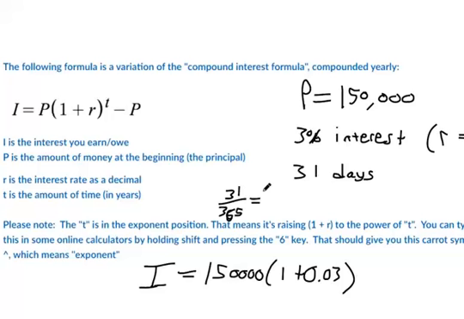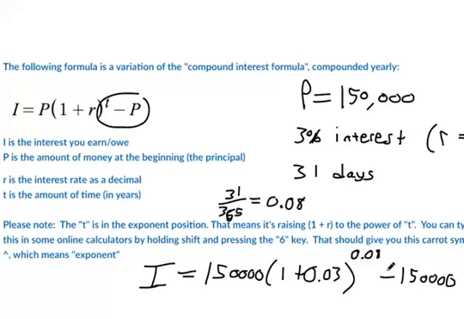You can round off at some point. You can even use 0.08 just to keep things simple because we're not actually calculating somebody's interest in a real problem. That's what needs to go in for time, not the actual days, but the days converted into years. And then the formula says subtract P again, so subtract 150,000.